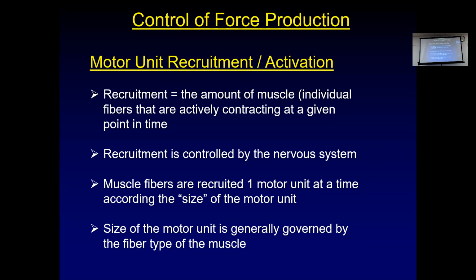Then I need another 20 to go to 10, and another 20 to go to 15, and so on and so forth. At some point, we will reach a maximum. At some point, there are no more motor neurons to recruit. There's no more of your muscle to turn on because everything is on. And once everything is on, guess what you don't get anymore? There's no more force. Okay?